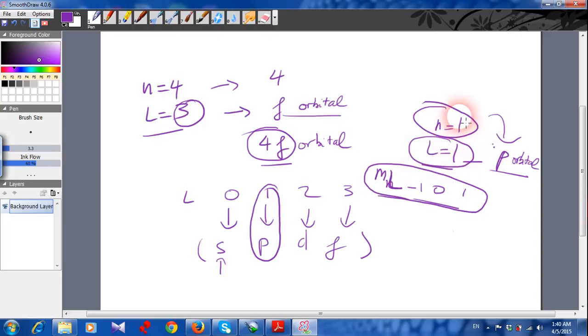So basically, we don't have 1p orbital. We just have 1s, and that's it. We don't have p orbital with this kind of energy level.